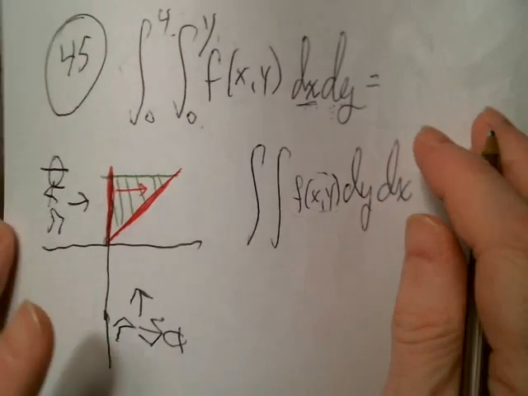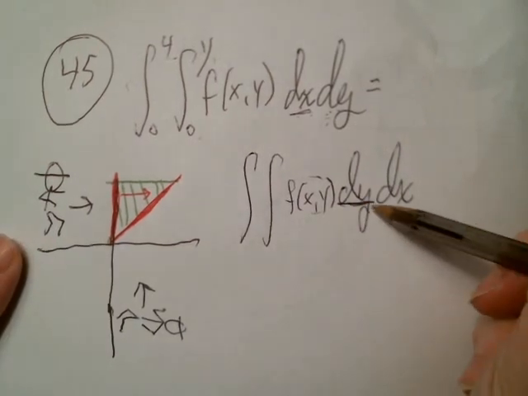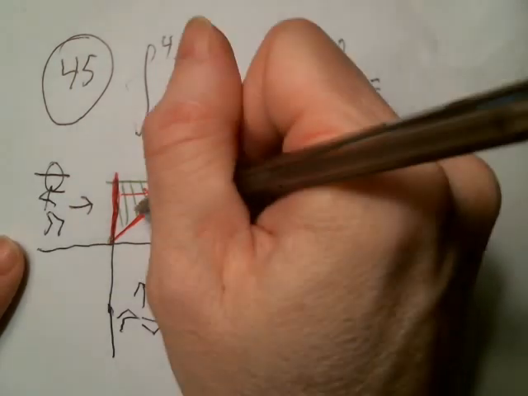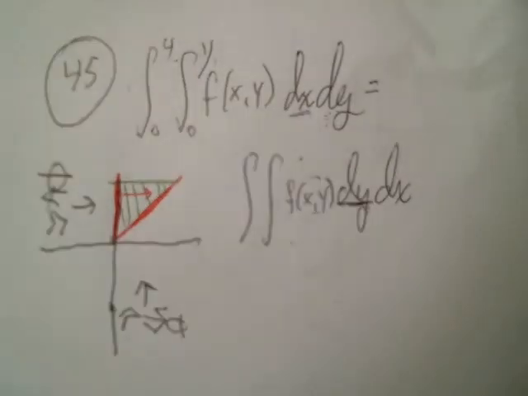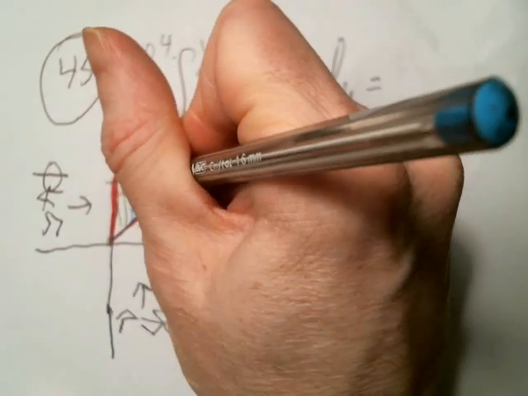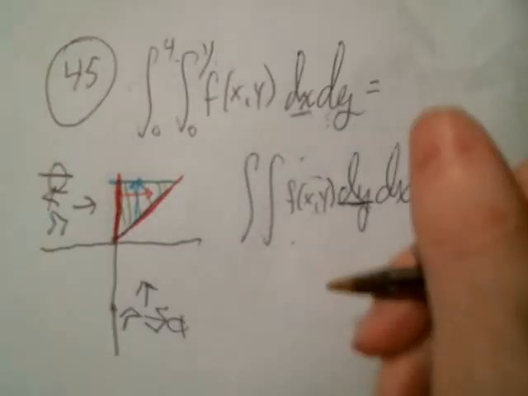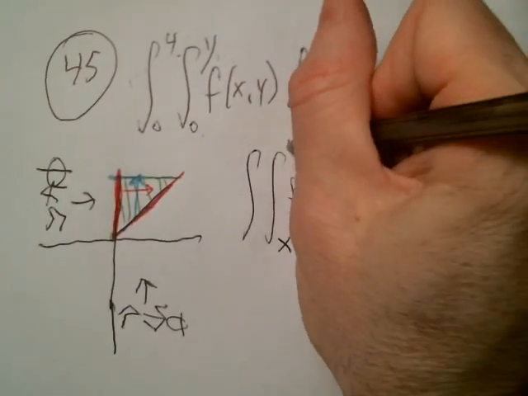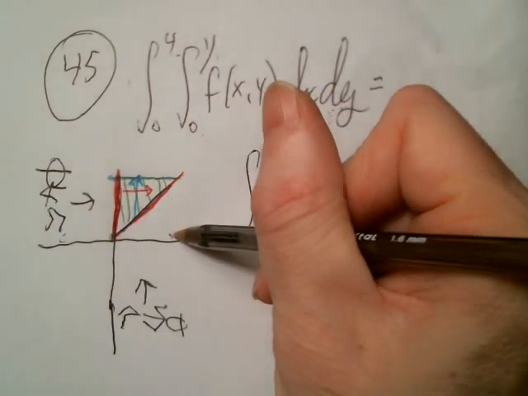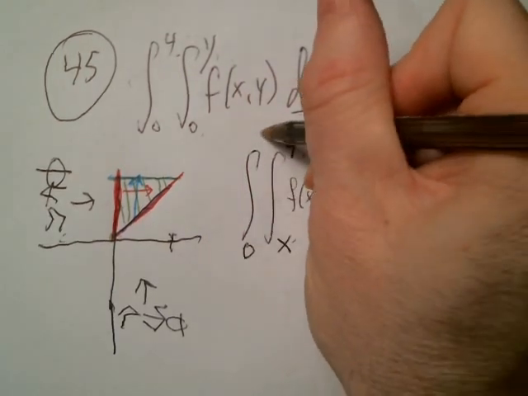Okay, so in the other orientation, I need to go from y equals some curve to y equals some other curve. So in this orientation, I'm going from y equals x, this curve, to y equals 4, which is this curve. So y equals x to y equals 4. And then the Riemann man is going from 0 to whatever this point is, and I believe that's 4 as well. So 0 to 4.